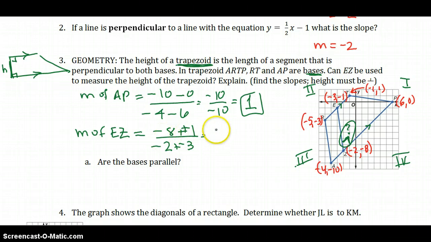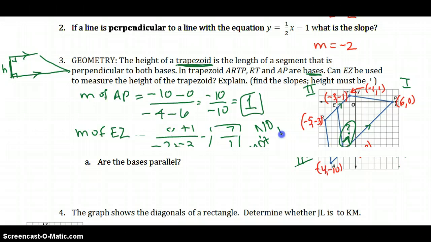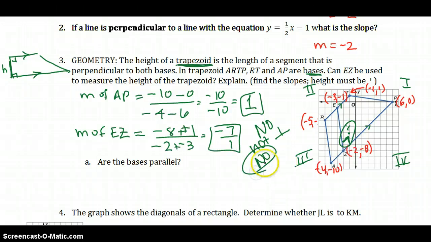So that gives me -7 over 1. Well, the fact that there's a 7 in the problem tells me that they're not opposite reciprocals, so no, not perpendicular. If they're not perpendicular, then is EZ the height? The answer is no, not the height, because they're not perpendicular.